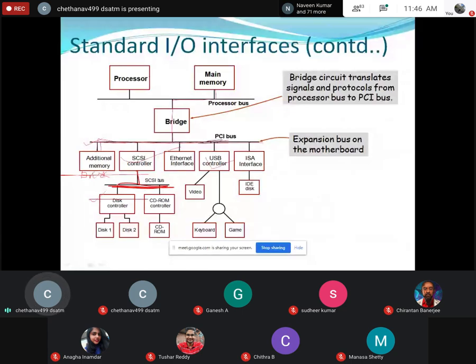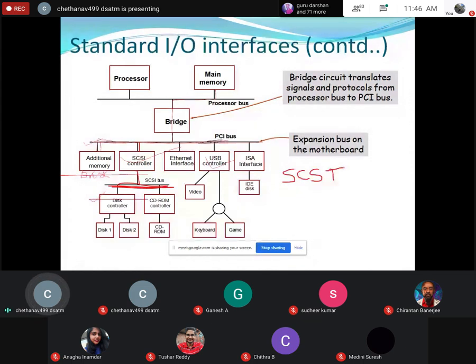See, the SCSI bus will be connected to our PCI bus. Okay, so I think you're able to see that. And here, what is SCSI? As they have given there, small computer system interface. So what is SCSI? Small computer system interface. I'll write it here. SCSI.